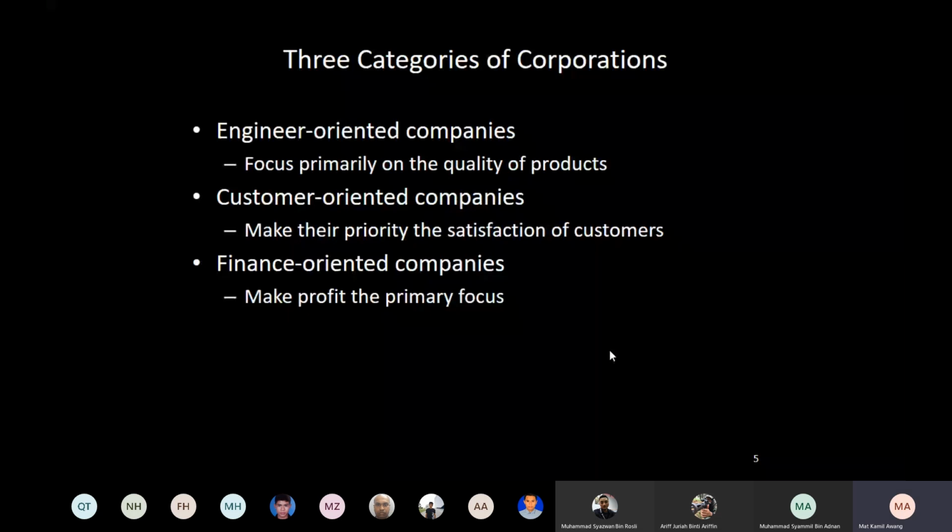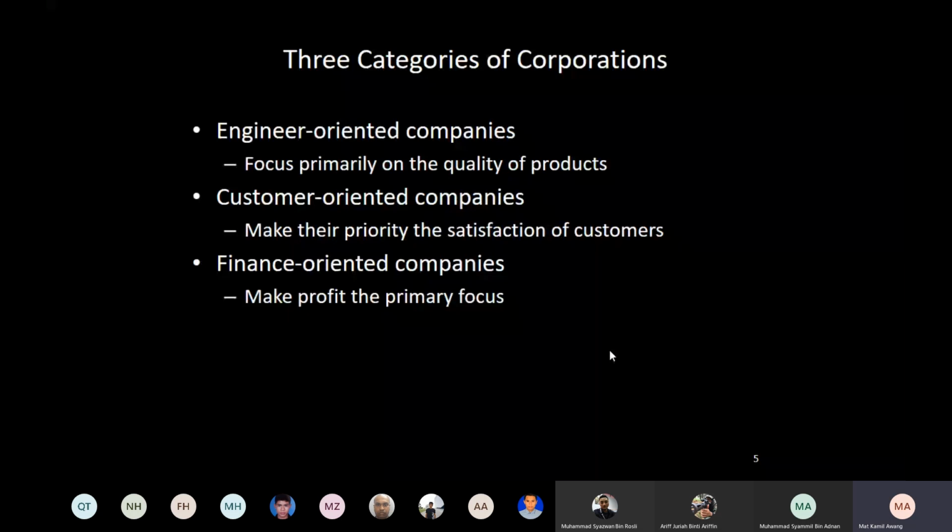Customer-oriented companies are normally like Japanese companies, and also American companies. They promise you everything, and they make you feel secure dealing with them.